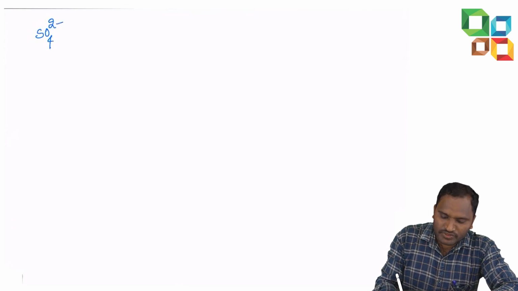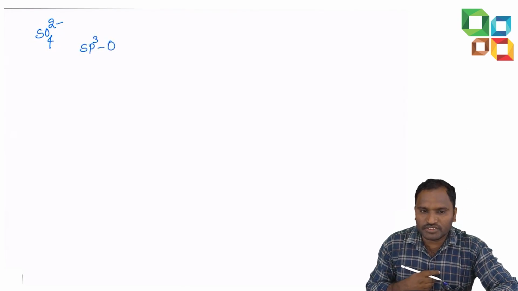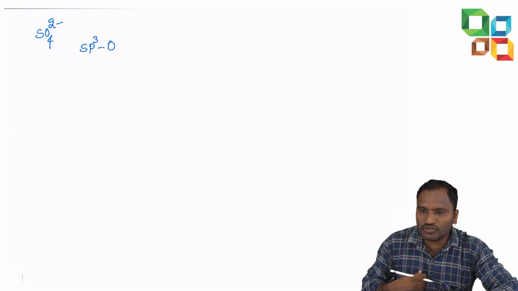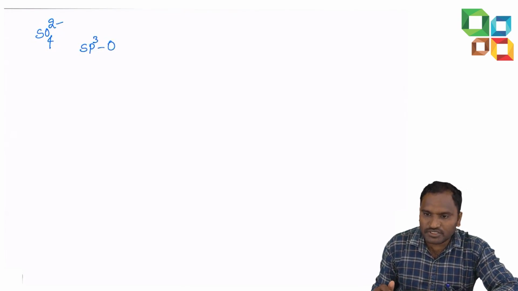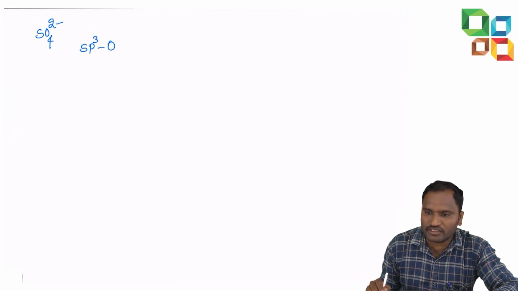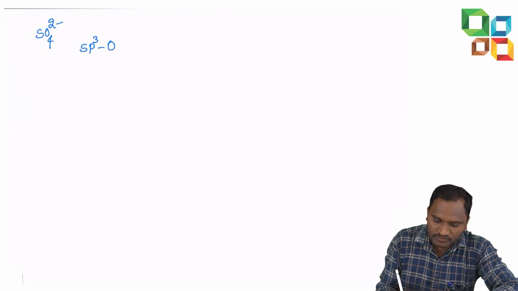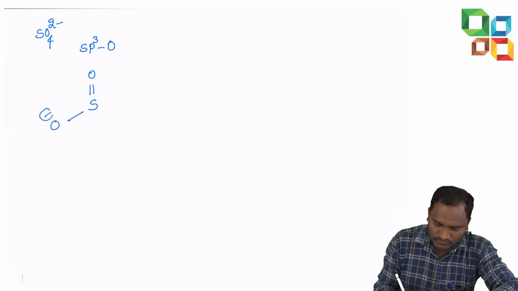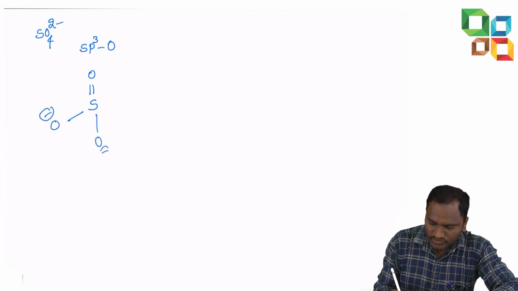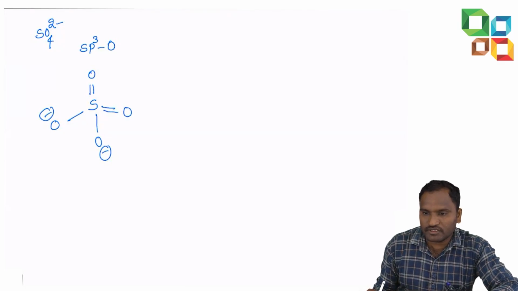We already did this hybridization: sp3, zero lone pairs. If it is sp3 with zero lone pairs, it is regular tetrahedral only. No distortion in shape. Tetrahedral structure.